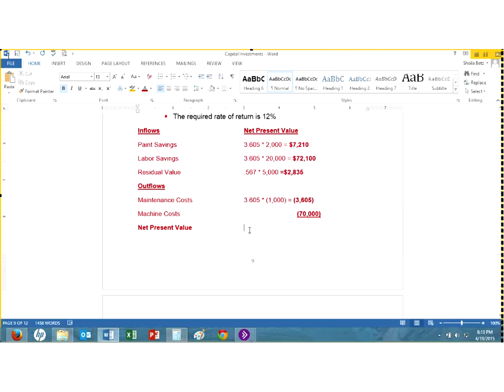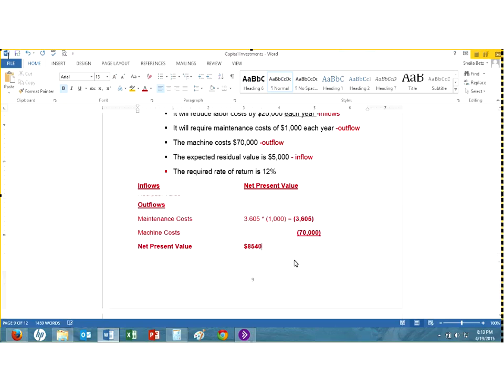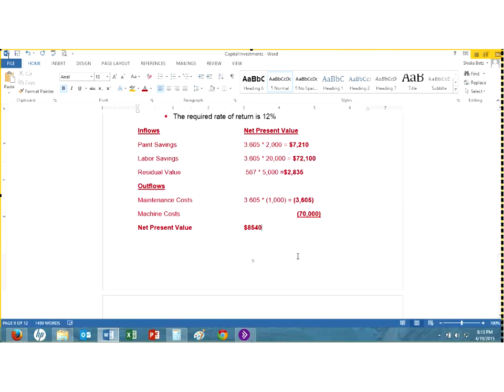So our net present value is $8,540. Once again, what does that mean? If I look at everything I'm going to spend and all the money I'm going to receive, the surplus in today's dollar terms is going to be $8,540. So would we accept this investment? Absolutely, because the net present value is greater than or equal to 0.